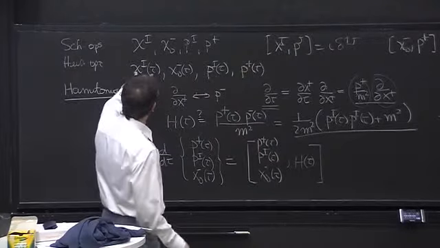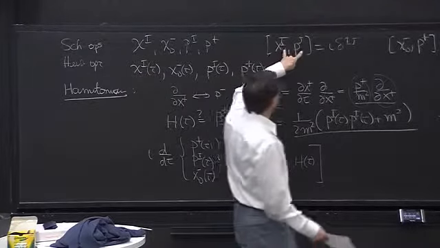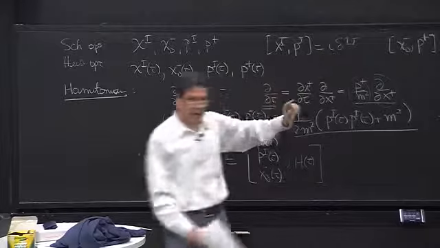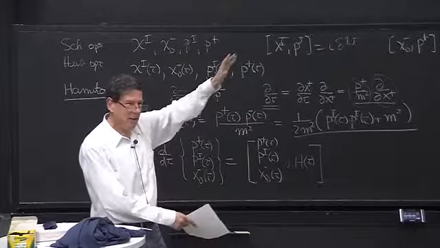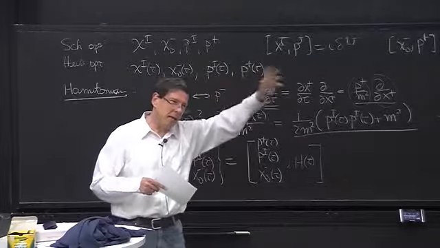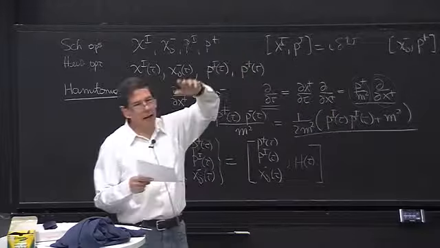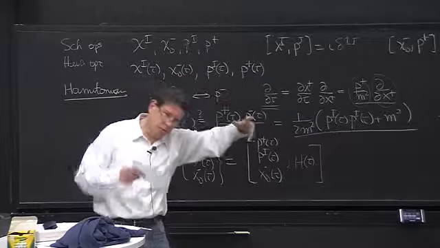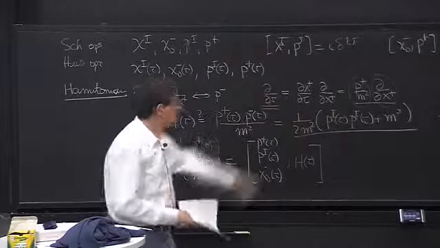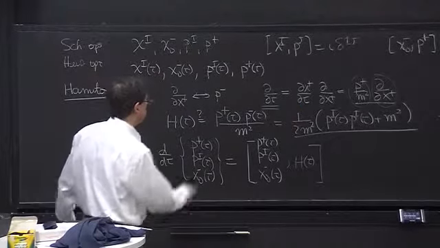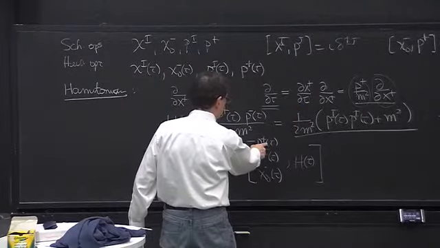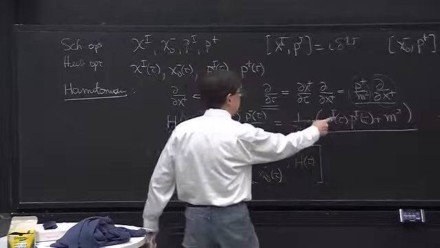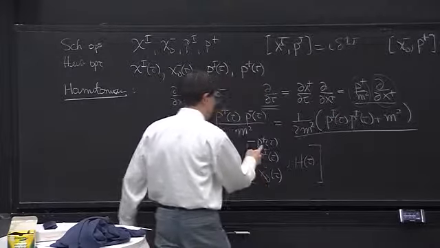The same commutators that hold for the Schrödinger operators hold for the Heisenberg operators. That's another fact. If x and p give you i, then x of tau and p of tau give you the same i. So look here. P plus commutes with H because P plus commutes with the Pi's.